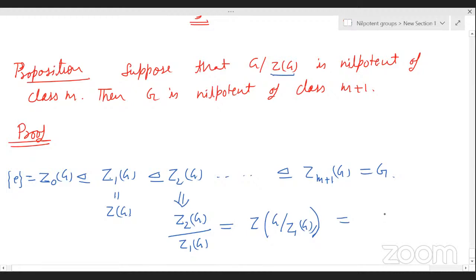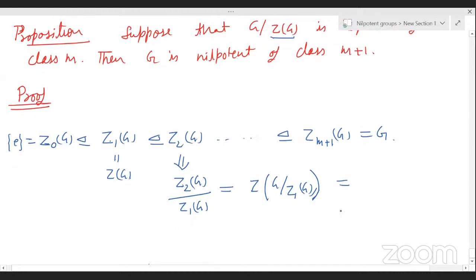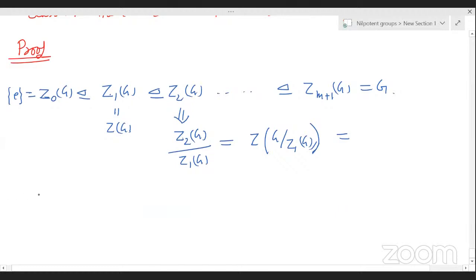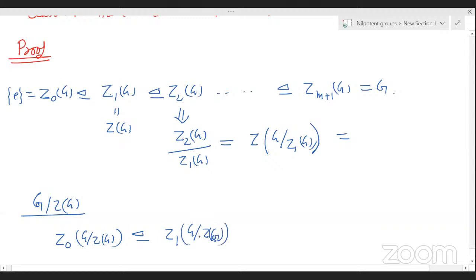And what is the center of G upon Z1G? If you consider the upper central series for G by ZG, the upper central series of G by ZG is: the first term is Z0 G by ZG, then we have Z1 G by ZG, then we have Z2 G by ZG, and so on.